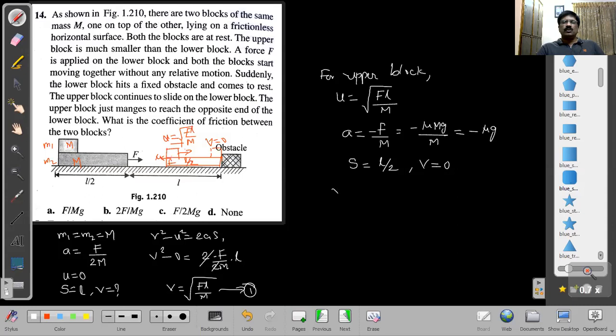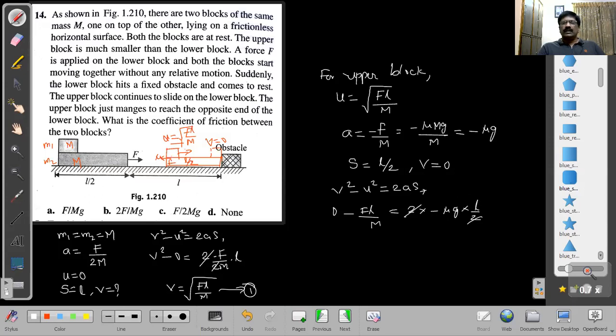So what is the relation between these? V square minus U square is equal to 2as. Substitute: V square means 0, minus U square means FL by capital M, that is equal to 2 into a, which is minus mu g, into s, which is L by 2. Here these cancel. Sorry, mu is not cancelled here. Mu is there, you write mu g.